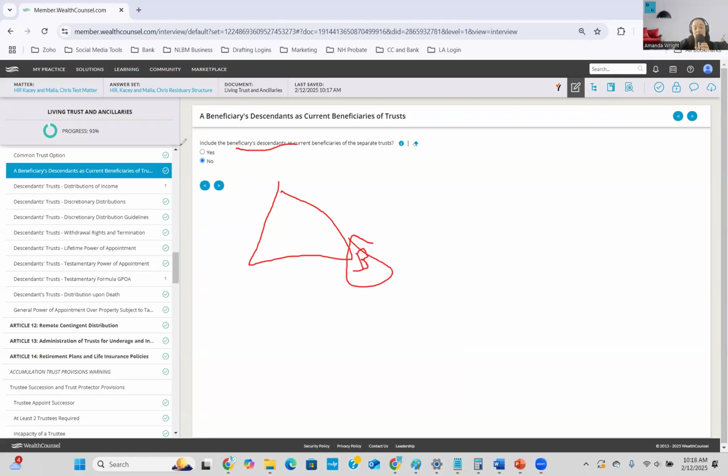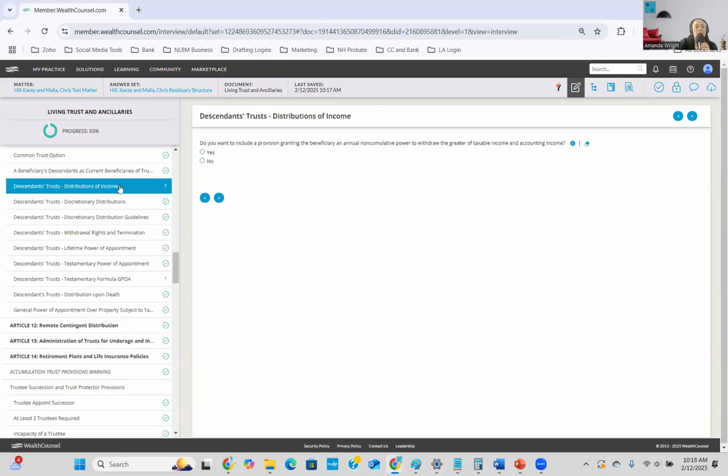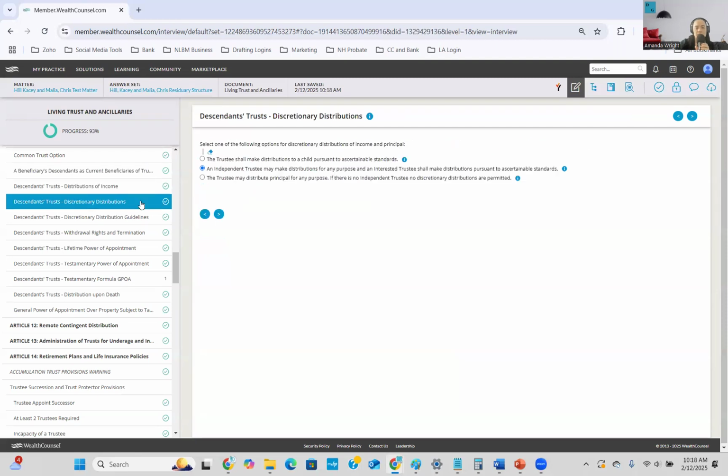Who's the beneficiary? This is the button right here. Are the grandchildren also considered beneficiaries of the trust right now during their lifetime? Distribution of income: do we want to give them a right to withdraw the greater of taxable income and accounting income? I'm just going to put no, to make this more simplified, and that the trustee can give income and principal to the beneficiary, totally discretionary.